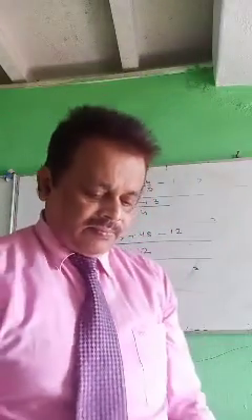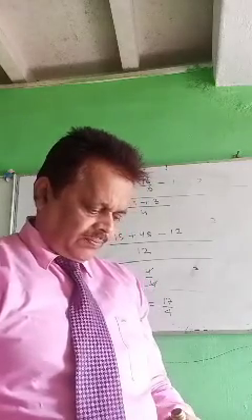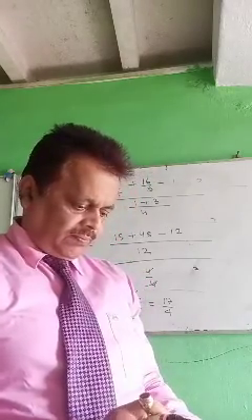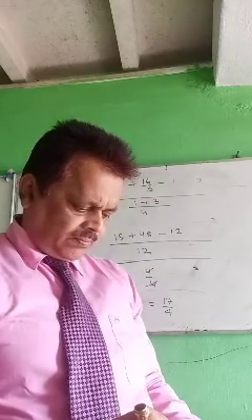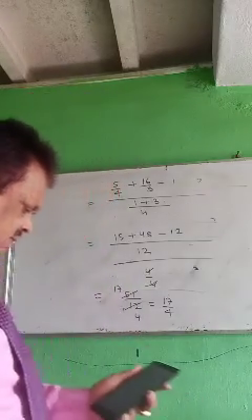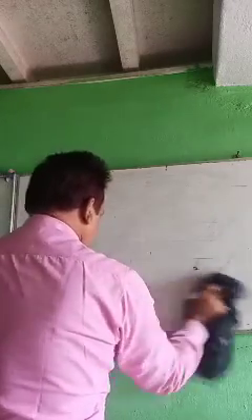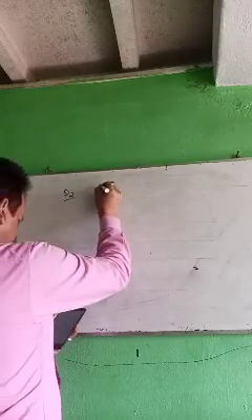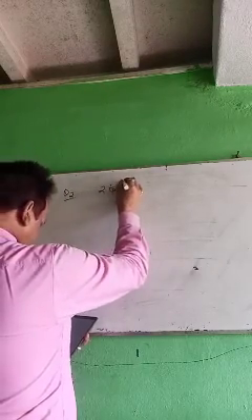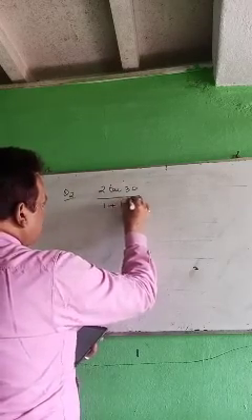Okay. See the another question. Question number 2. Choose the correct answer. 2 tan 30 by 1 plus tan square 30.